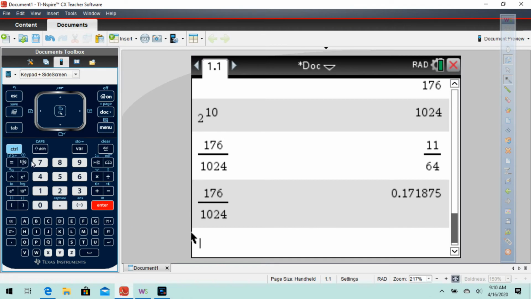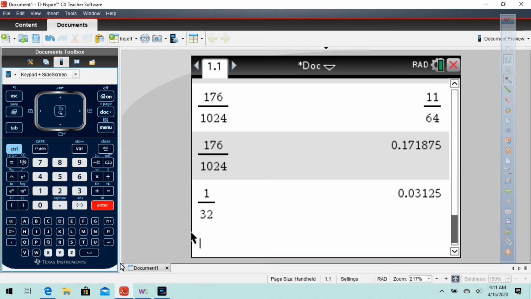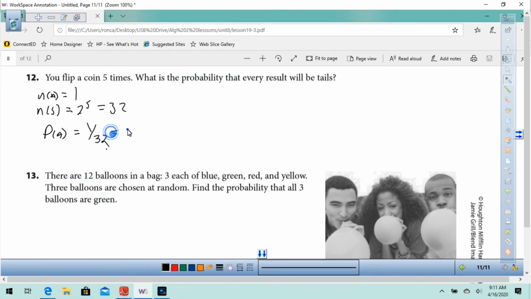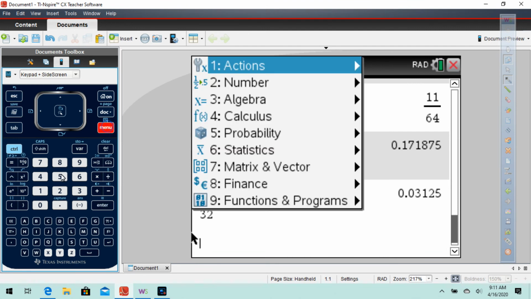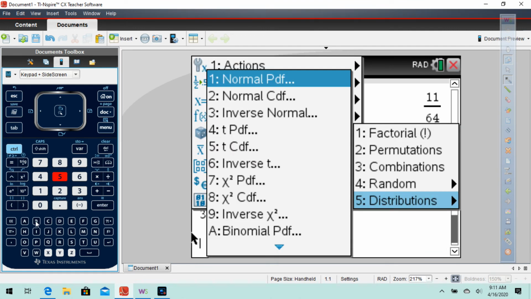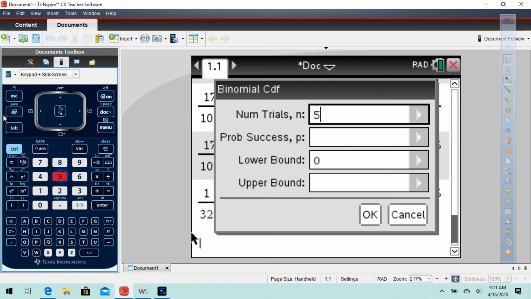But if I go in here and I go 1 divide 32, I get 0.03125. Now that tells me it's a very low probability. But let me check this other way. Menu, 5, 5, B, number of trials, 5, 0.5.